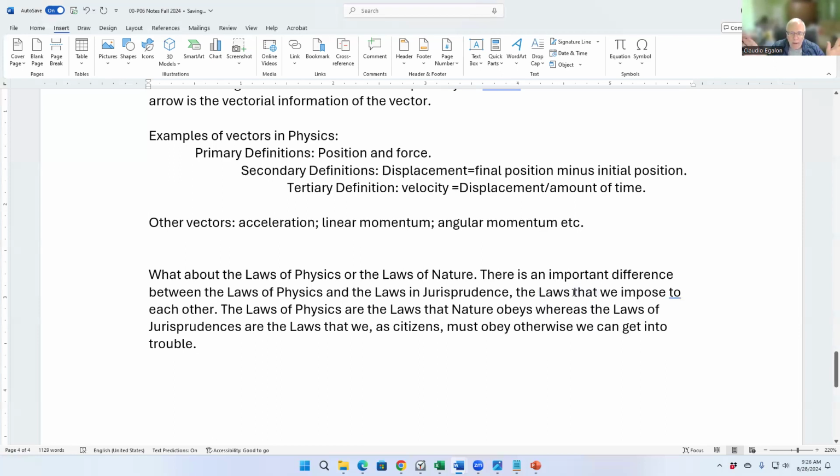Nature automatically obeys the laws of physics.